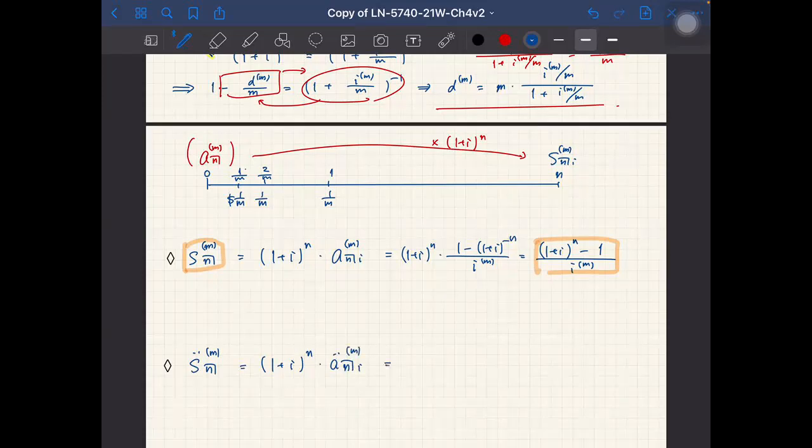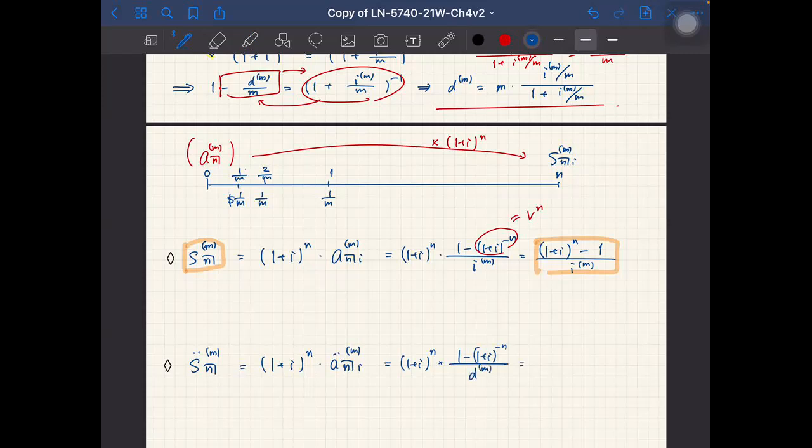So this is equal to 1 plus i to the nth power times a double dot, and we have just derived the formula: 1 minus v to the power n over d superscript m.